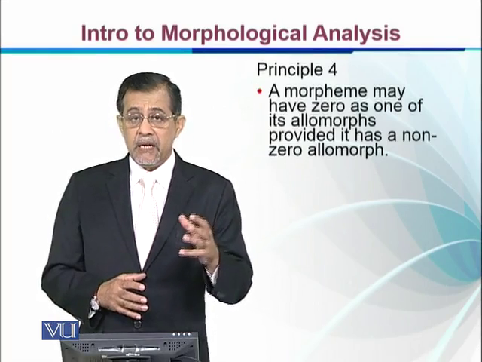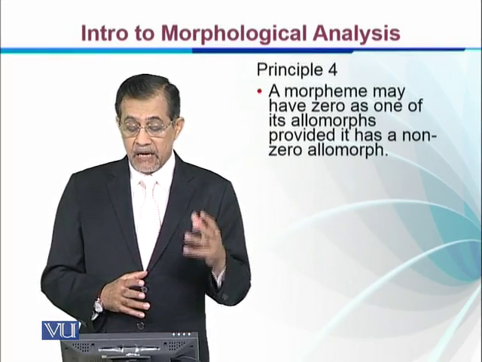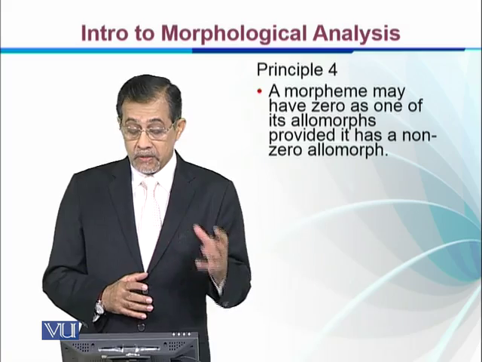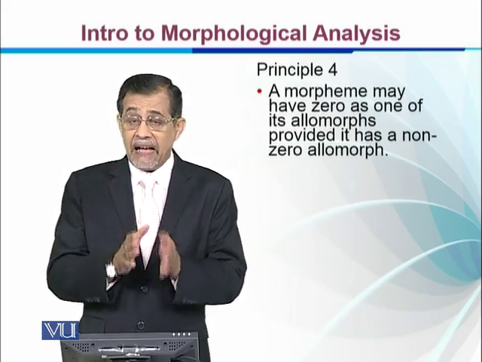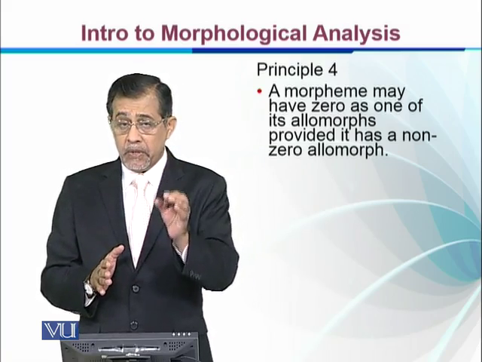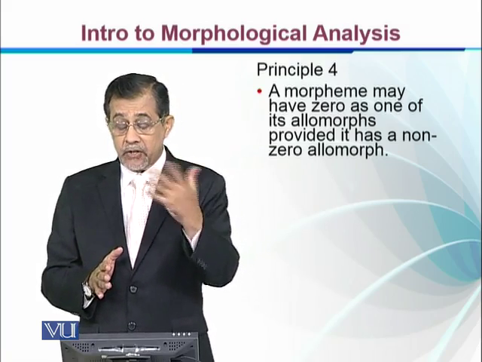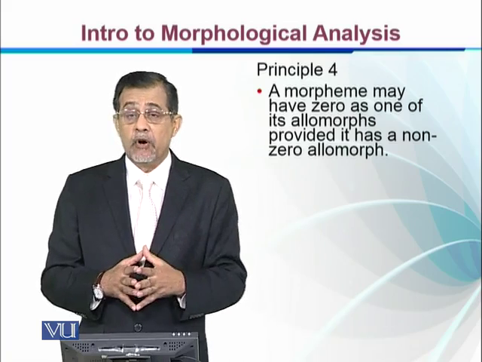A morpheme may have zero as one of its allomorphs provided it has a non-zero allomorph. So a morpheme will have a zero morph only when it is in contrast with non-zero morphs.